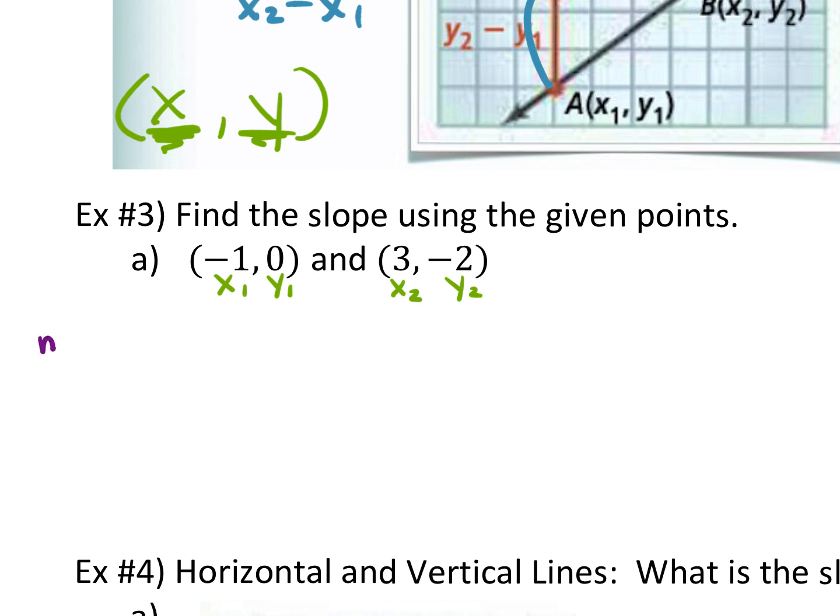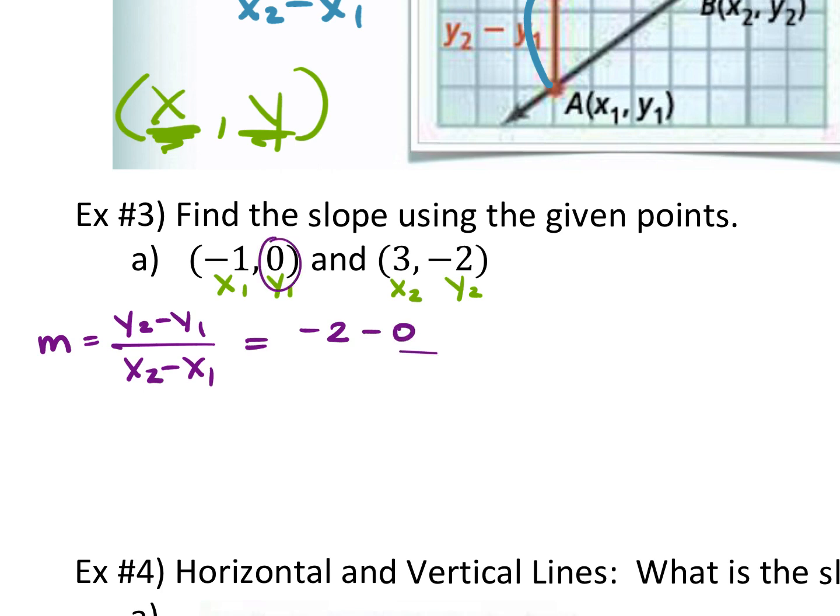So if the slope formula is Y2 minus Y1 over X2 minus X1, and I tell you to find the slope, you're taking those things you just labeled and you're dropping them into that formula. What is Y2? Negative 2 minus what? 0, your Y1.